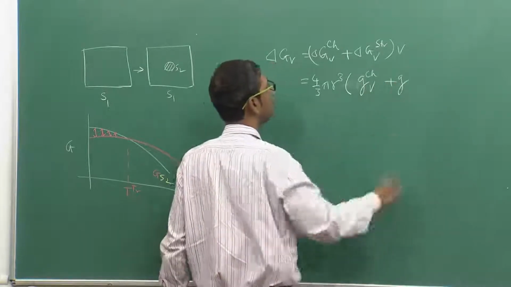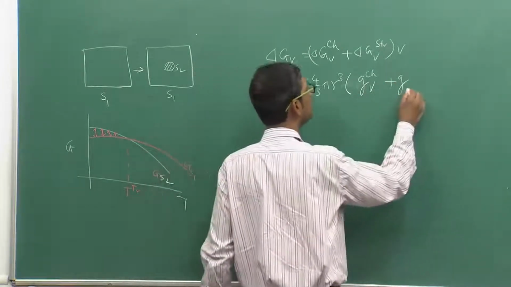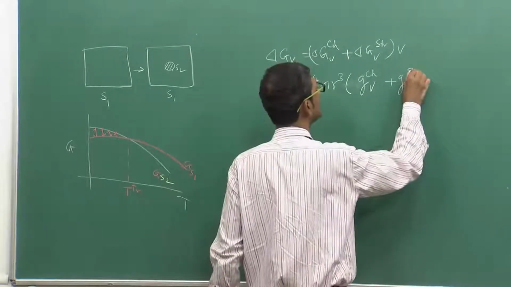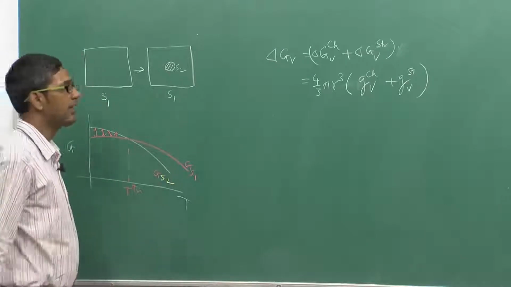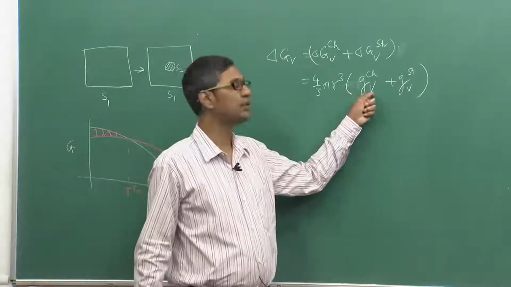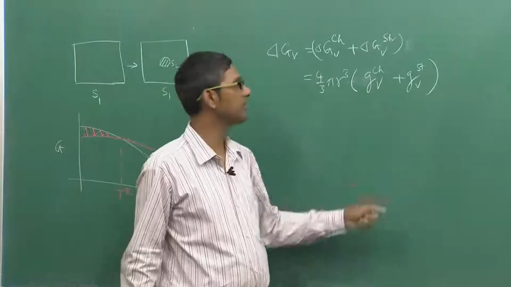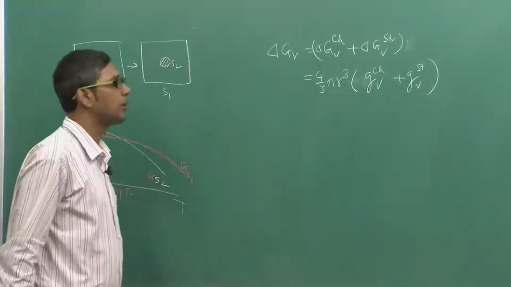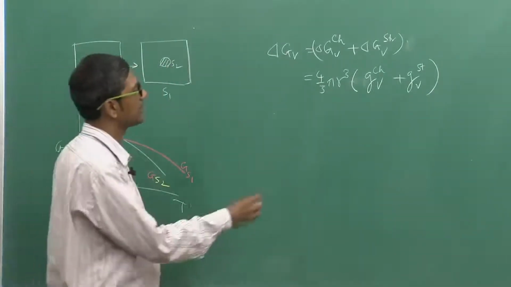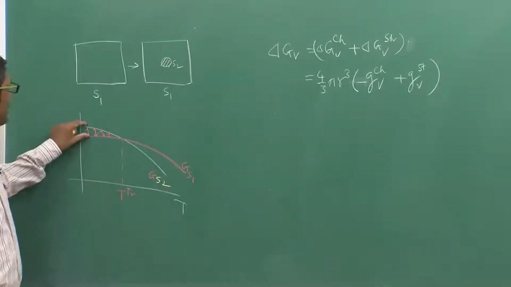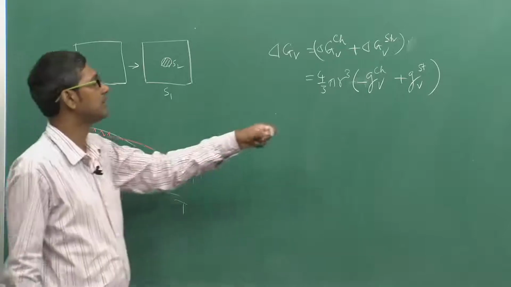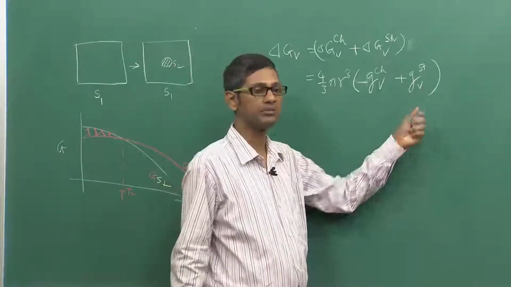I am writing small g, and these are the values of free energy per unit volume, remember, that is why it is written g volume. Now, we can do the same maths. We can write the chemical term as negative because this value is negative as you see here, but the strain free energy term is always positive.